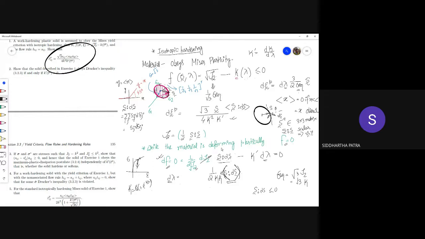That unloading can be represented through s inner product ds being less than 0. So whenever this quantity is less than 0, you are unloading, and therefore your plastic strain increment would be 0. The Macaulay bracket is just a fancier way of representing that.